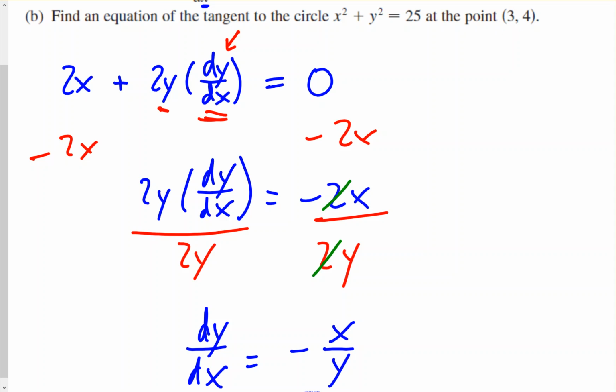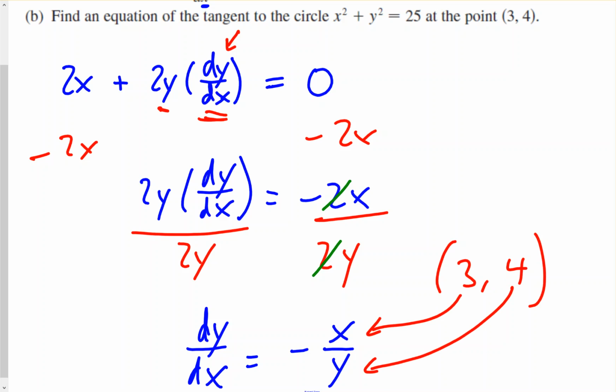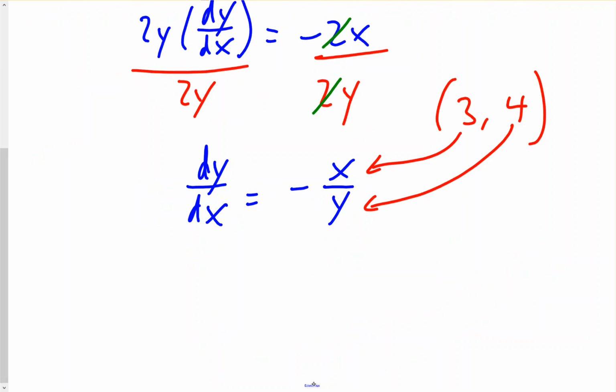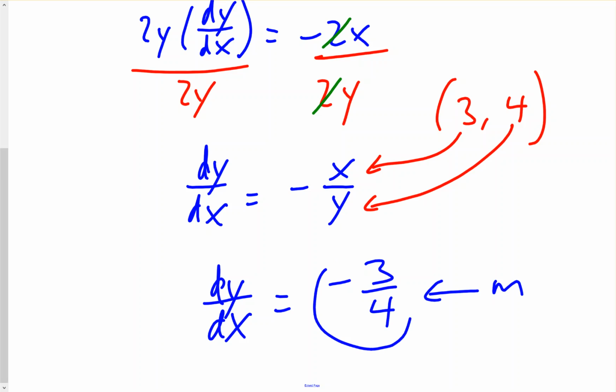Now we need to find the slope at 3, 4, so we could just plug in. 3 is our x, 4 is our y. So that means our dy dx is negative 3 over 4. So that's our slope.